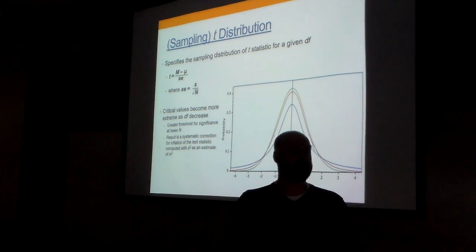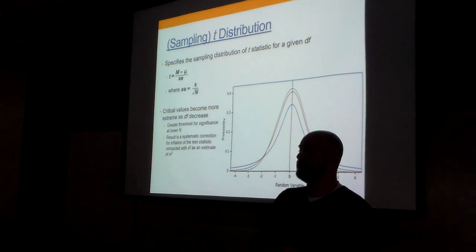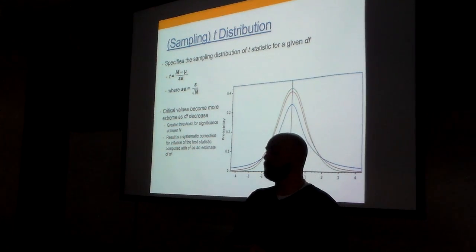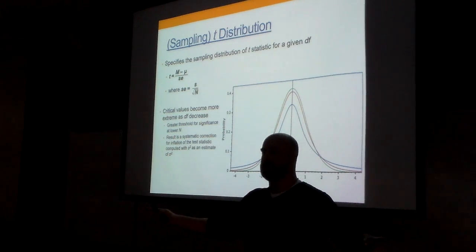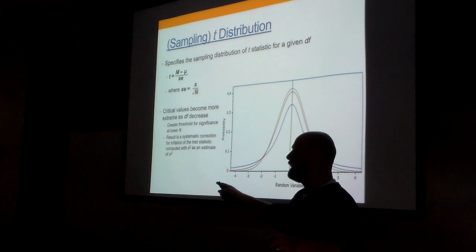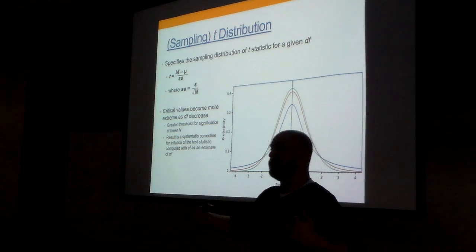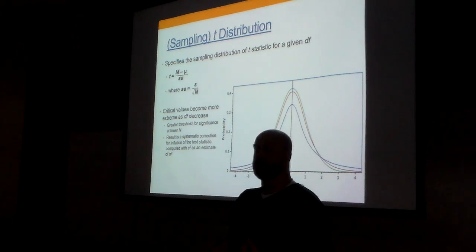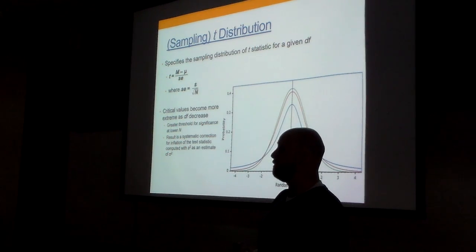We just don't know what the population variance is, so we have to use our sample variance as a substitute. But when we do that, it changes the distribution of that test statistic to a t distribution. We can't just use the z statistic, because if we do, we're going to commit too many type 1 errors, because particularly with small samples, our test statistic is going to be larger than it should be.